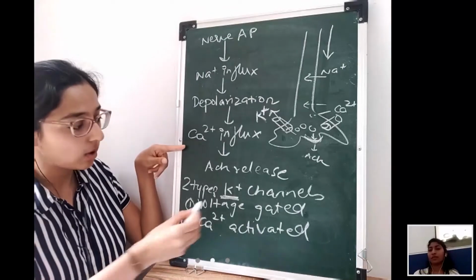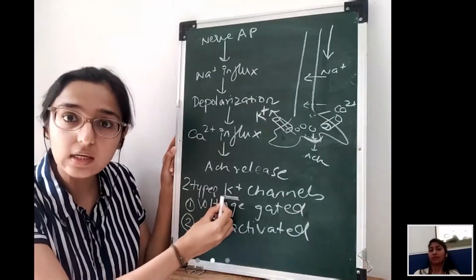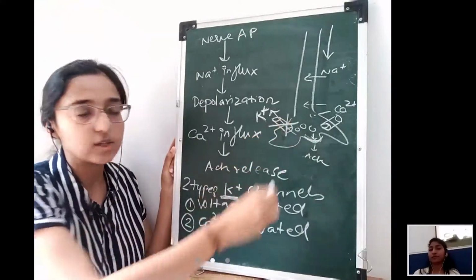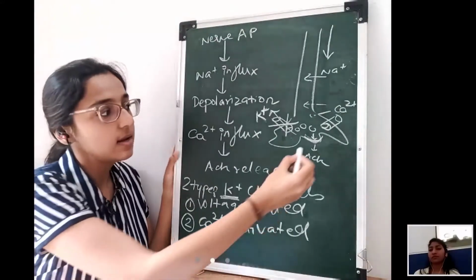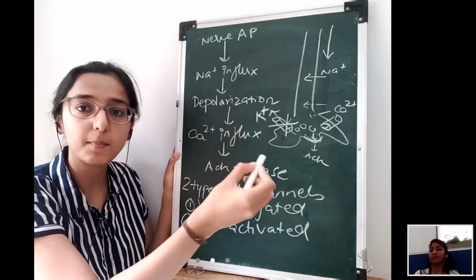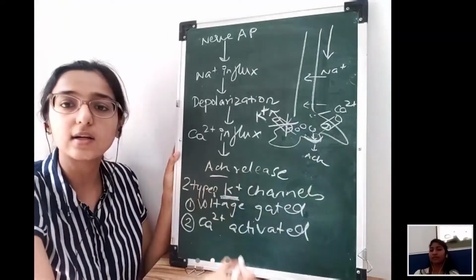A simple thing I want to explain is that if I give a drug that blocks the potassium channel, then calcium influx will keep happening, positivity inside will increase, and that will increase the acetylcholine release.